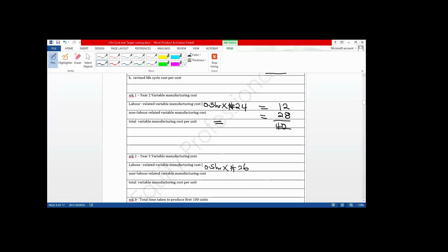Total variable manufacturing cost per unit for year 3 is 42. I can now get this: 0.5 multiplied by 26 gives me 13. Sorry, that's 13, not 12.